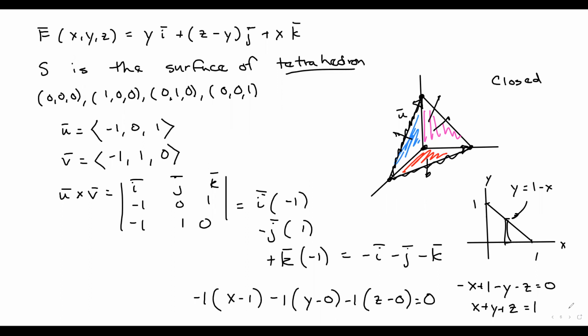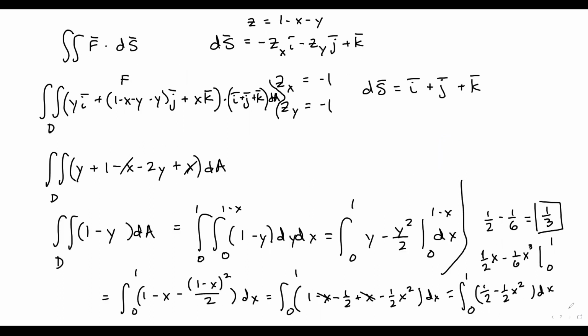And so we've got 2 more to go. I intentionally want to do this one because we get to actually see the variation in the dS's. So you're going to get to see all the different dS's, which can be helpful. All right, so next we want to go through and handle F dot dS.